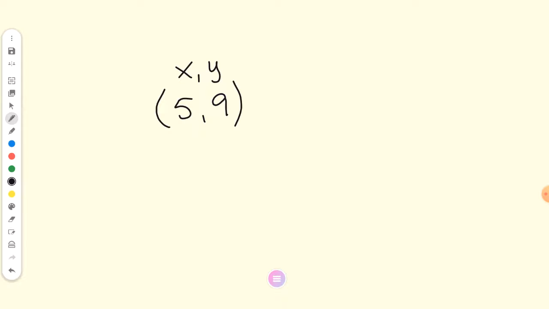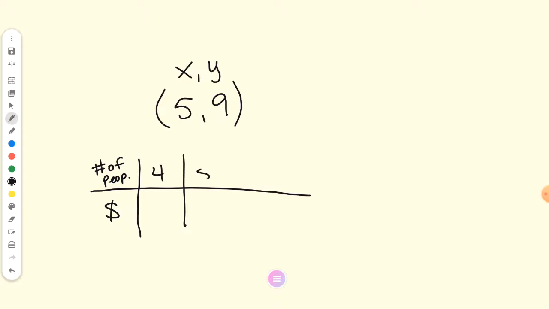What about from a table? If I have a horizontal table and I say that this is the number of people and the other one is dollars, and then there are numbers 4, 5, 6, 10, 20, 30.